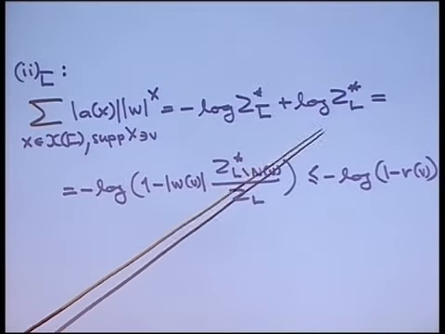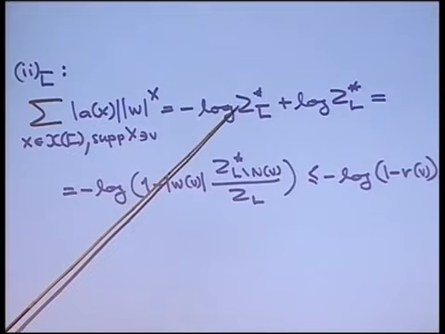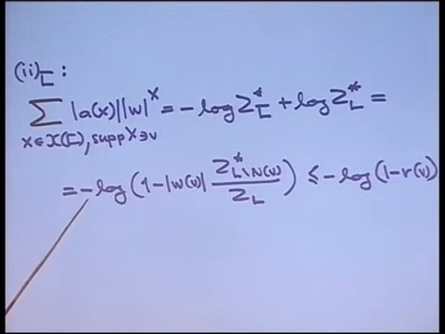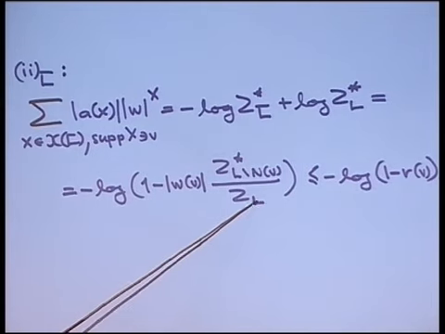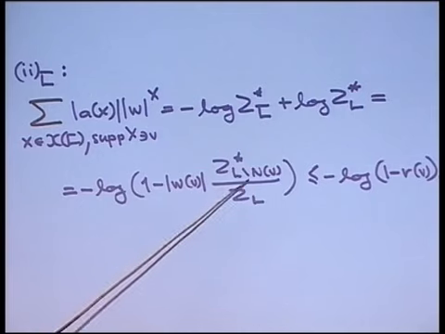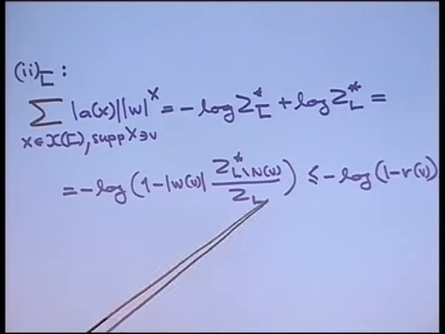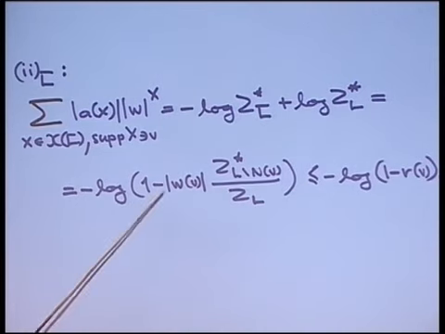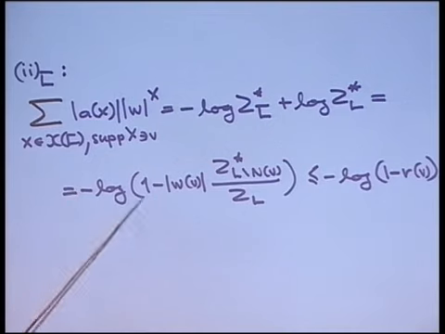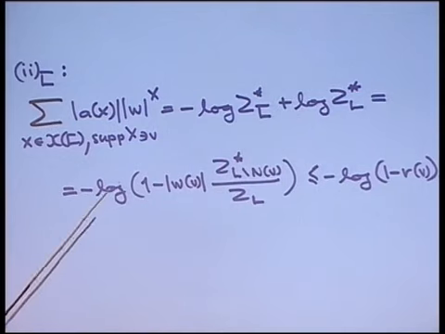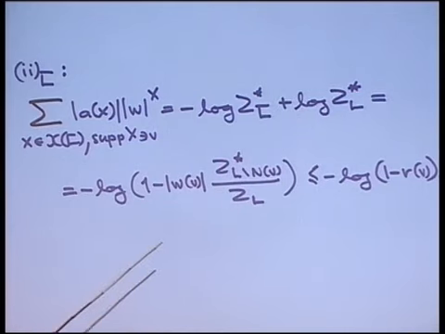And this guy cancels this ZL star that will somehow come from this. They will cancel, and what remains is only this term as before. And now I was able already to bound, I mean, there should be a star here. I was able to find an upper bound to minus logarithm of this, which is the same as a lower bound on this thing, and this was exactly the lower bound I was doing right now. And I was getting minus logarithm 1 minus RV. Okay? So that's all.